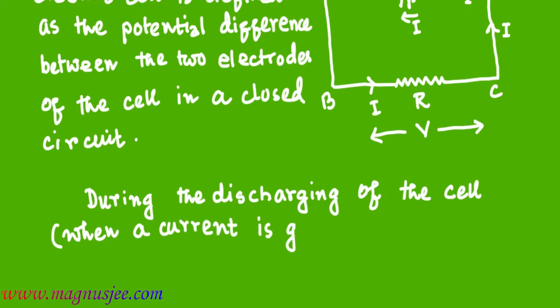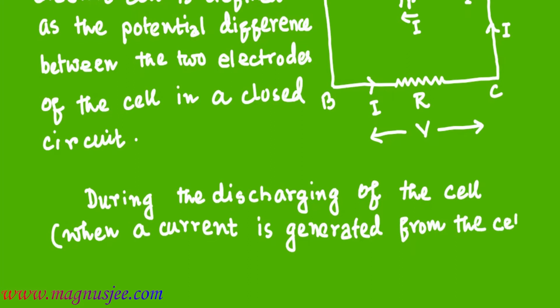As shown in the figure, the current flows from positive to negative electrode outside the cell and negative to positive inside the cell.